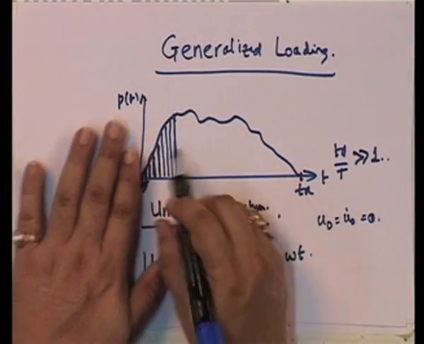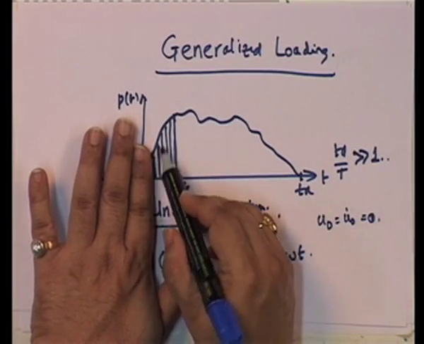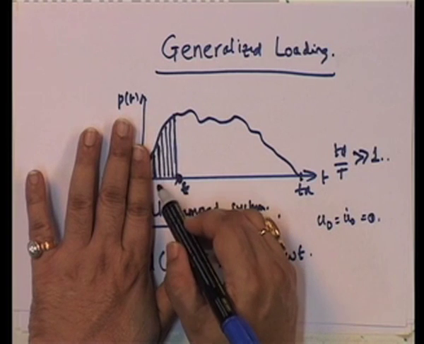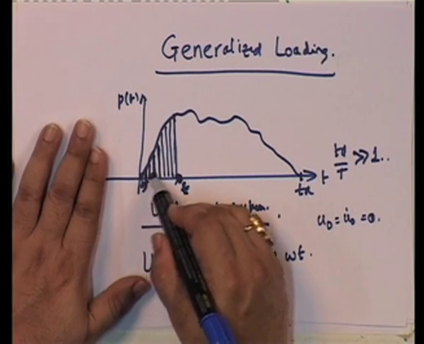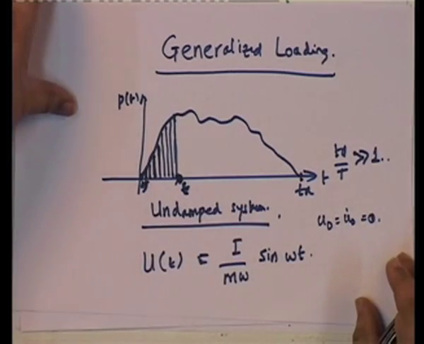In other words, note that at this point, I am only looking at this as if this existed and all these did not exist. Then all I have is an impulse at an instant.